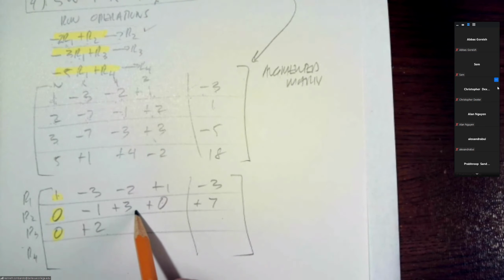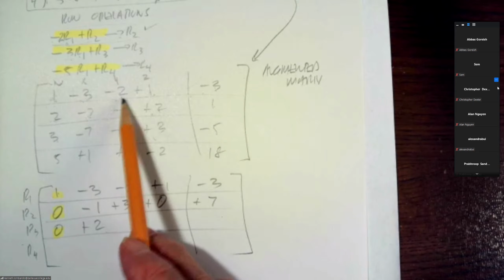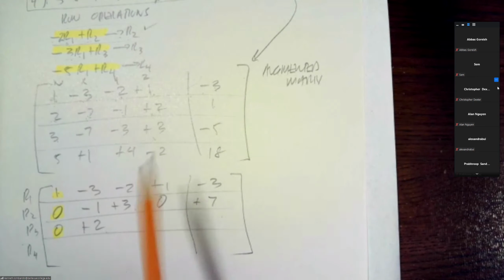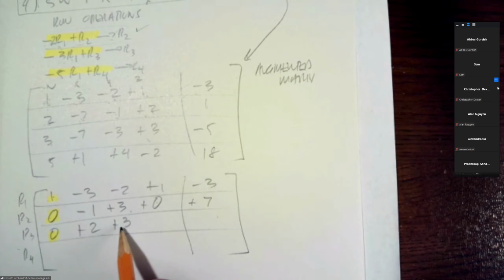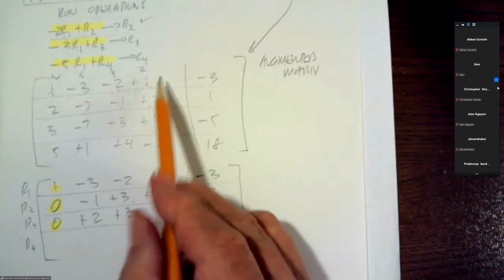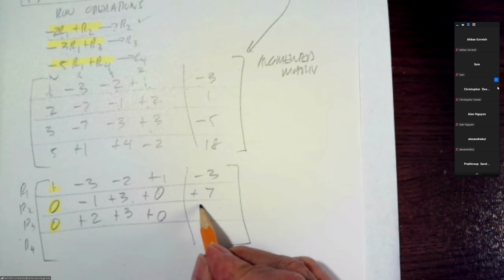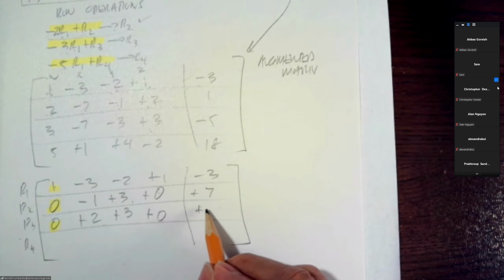And -2 times -2 is 4 minus 1, that's a 3. Row 3. And what do we get? A 0 here. And to speed up the calculations here, what'd you get for the constant out here?